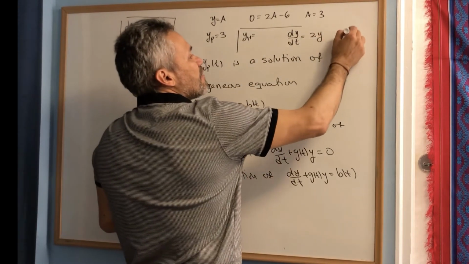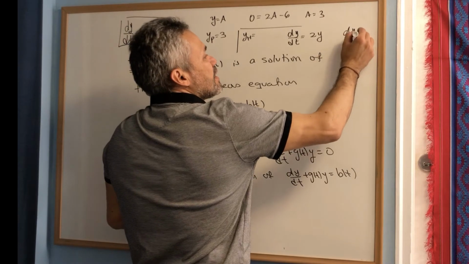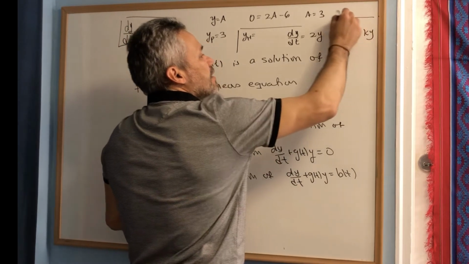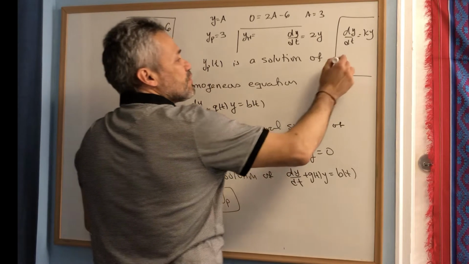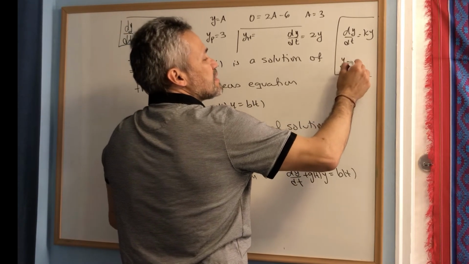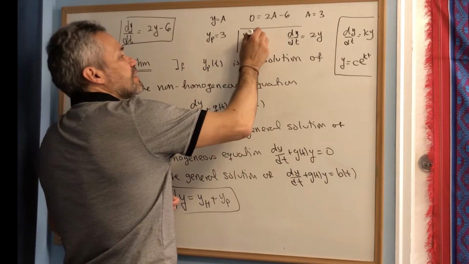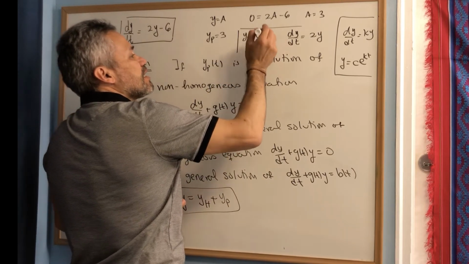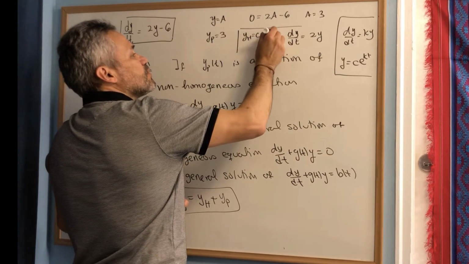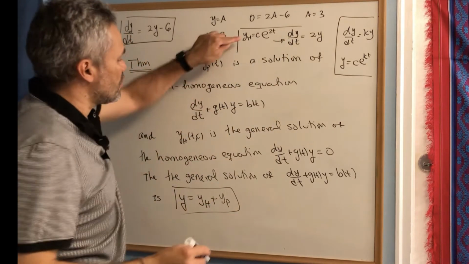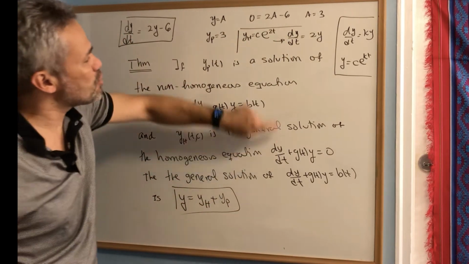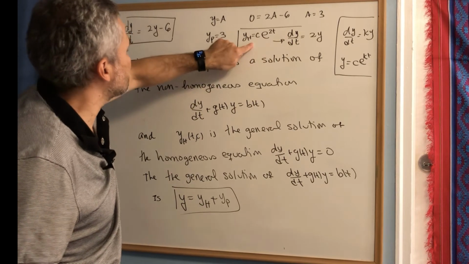In general, if we have dy/dt equals k times y, what is the general solution? y equals c e to the kt. And in this case, the general solution is c times e to the 2t. This is the general solution of the homogeneous.